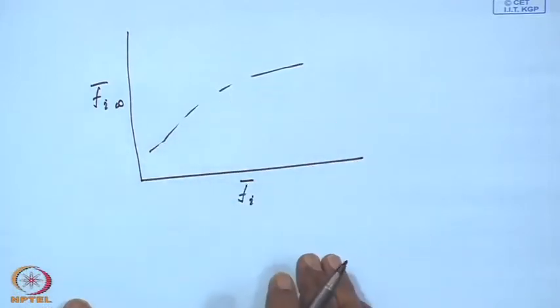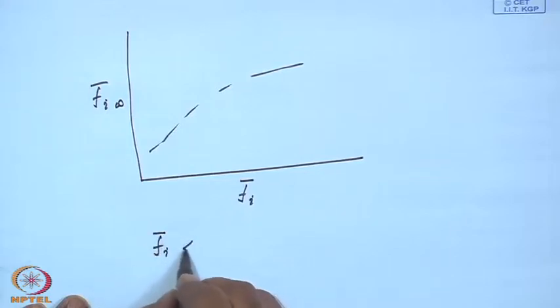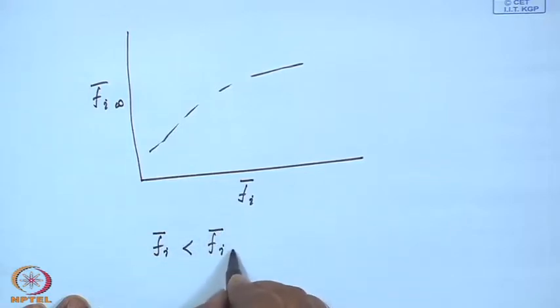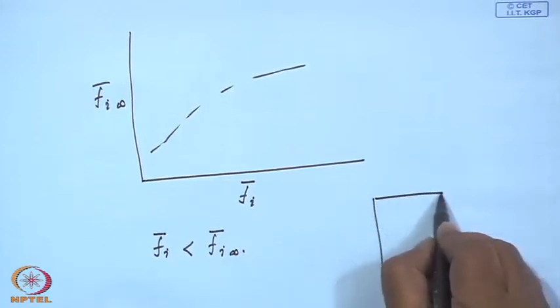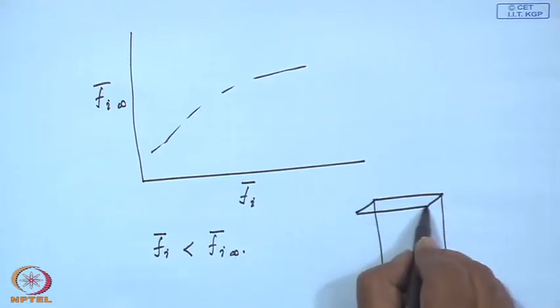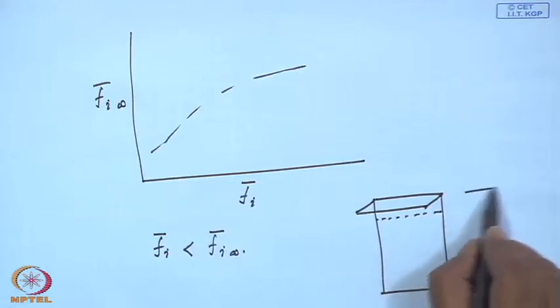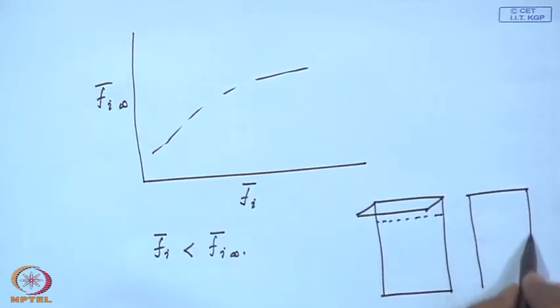I do not know whether it is increasing or decreasing, but we know that F_i bar should be less than F_i bar infinity. When the projection is infinitely long, it is a complete rectangle, so it may be rectangular or it may not be rectangular as shown over here.